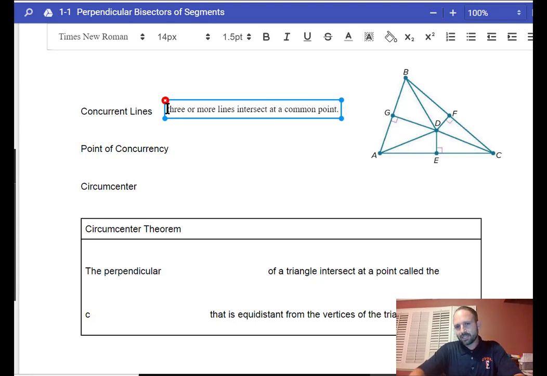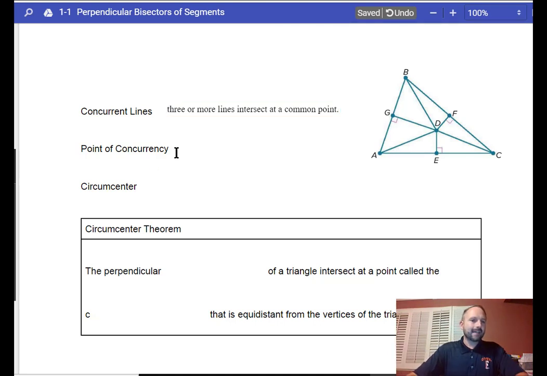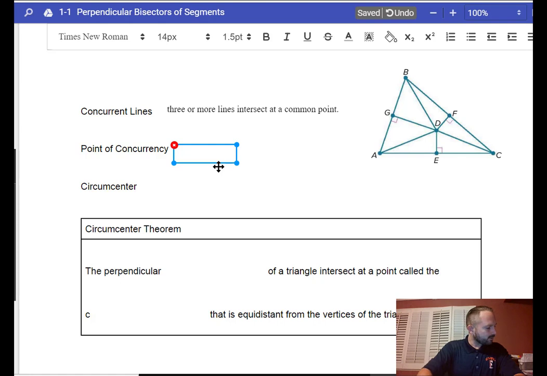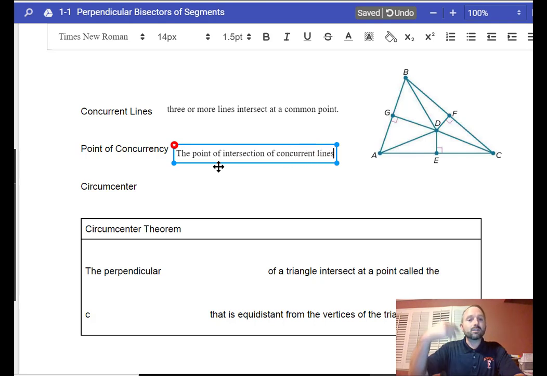Like if we look at this triangle right here, we see that there are at least three lines that meet at D. The point of intersection of concurrent lines is called the point of concurrence.